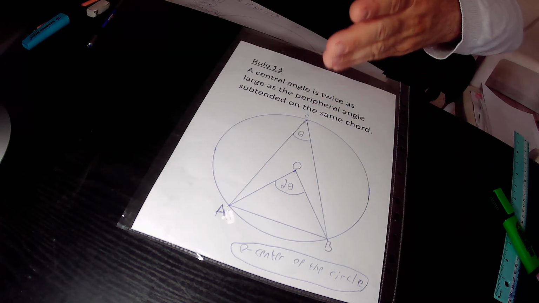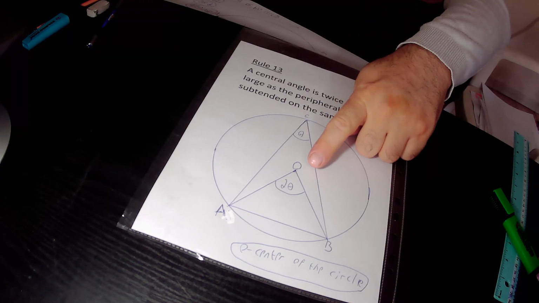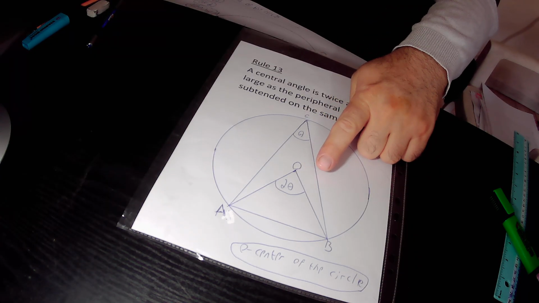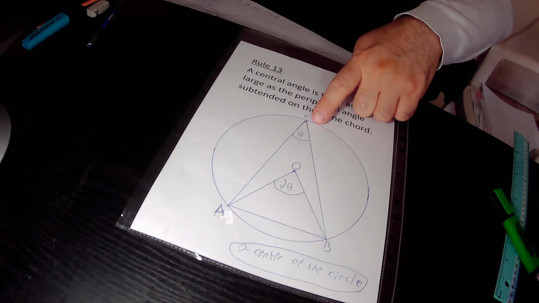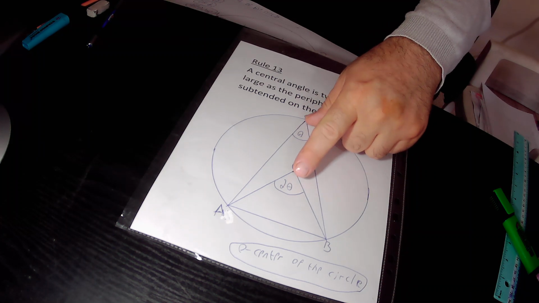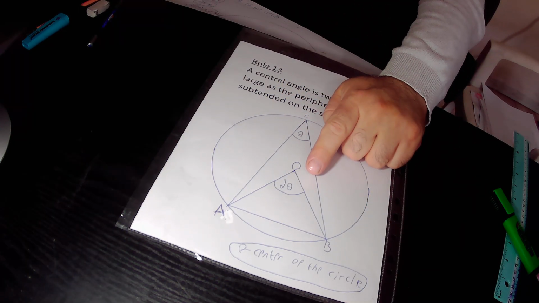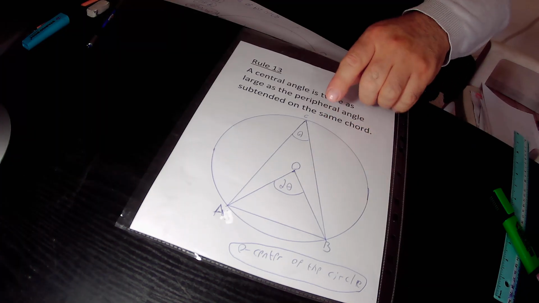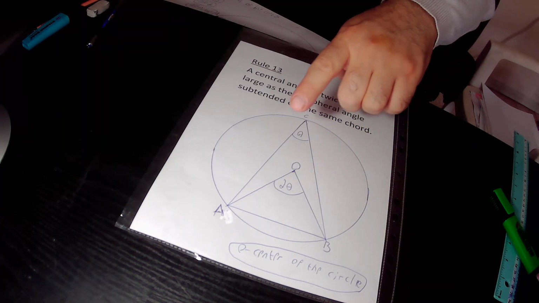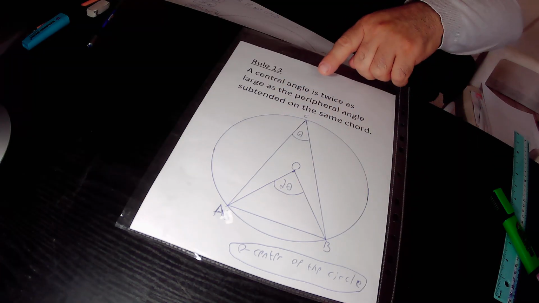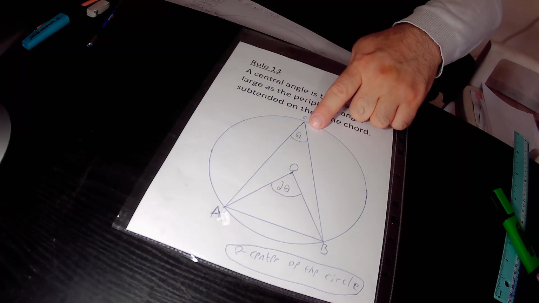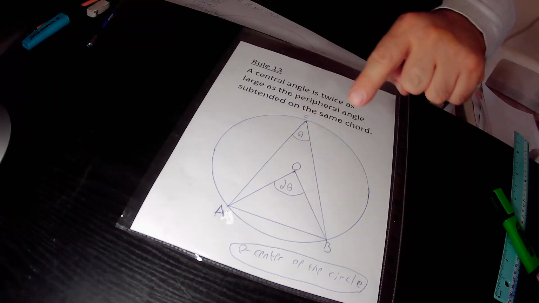According to rule 13, the size of angle AOB must be twice as large as the size of peripheral angle ACB, because both angles are subtended on the same chord AB. The size of peripheral angle ACB is theta, therefore the size of angle AOB must equal 2 theta.